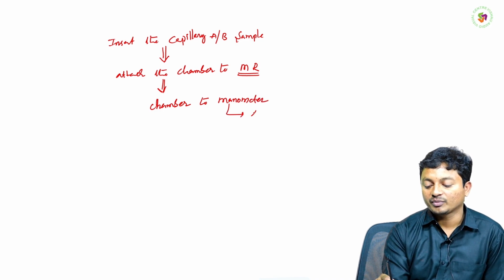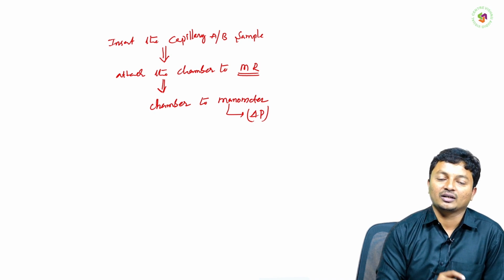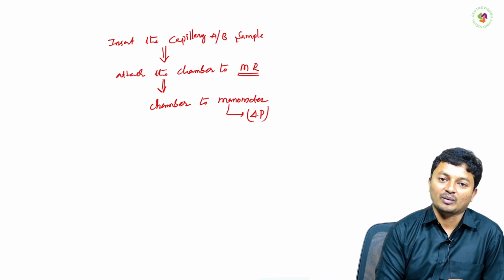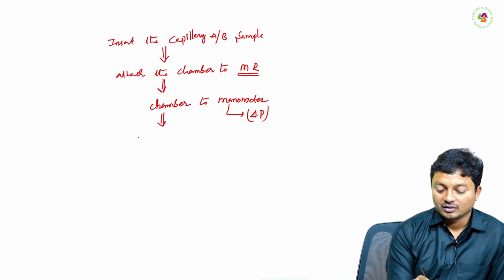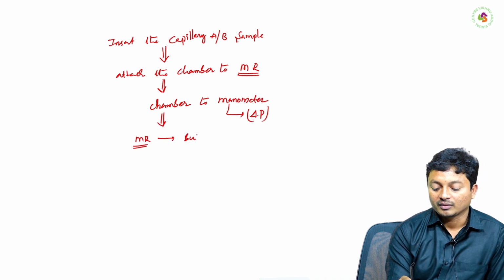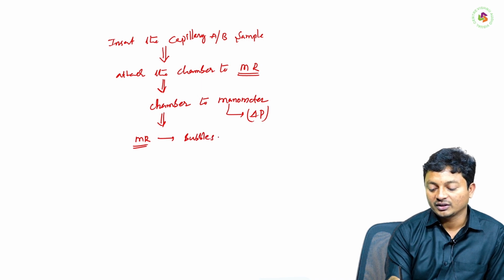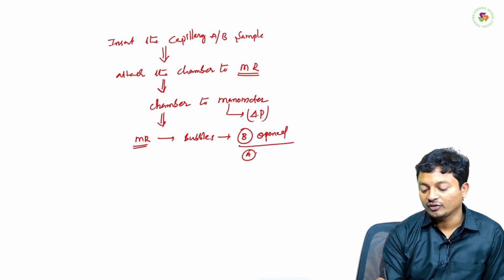Here at this manometer we can calculate the pressure differences which are created through the different capillaries we have in the chamber. After this, the mercury chamber will create some bubbles initially when capillary B is opened. At this time capillary A will be closed.